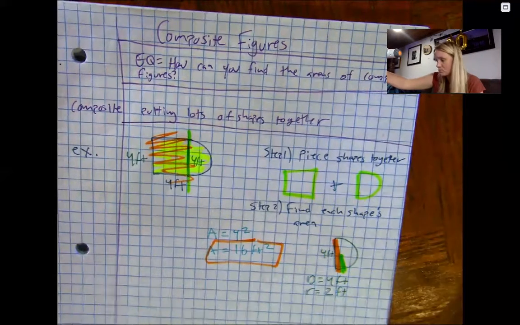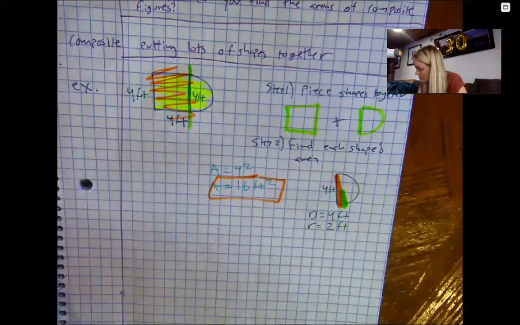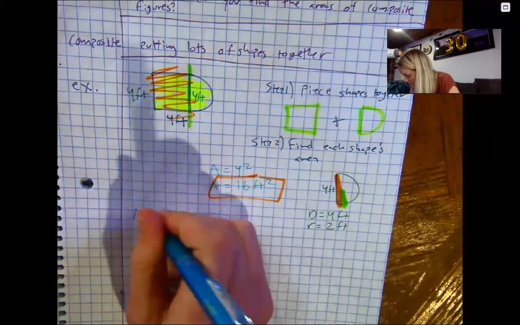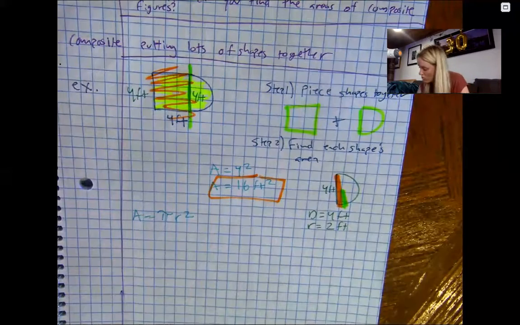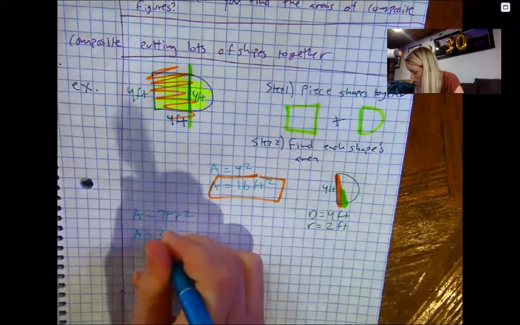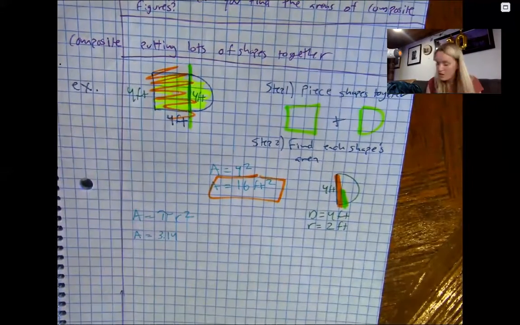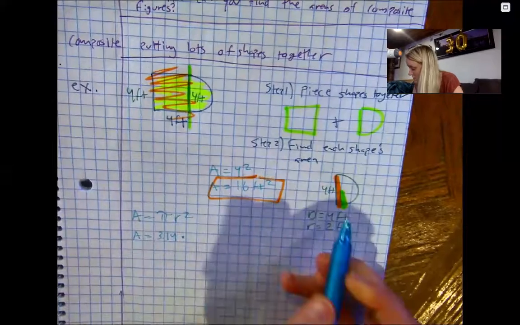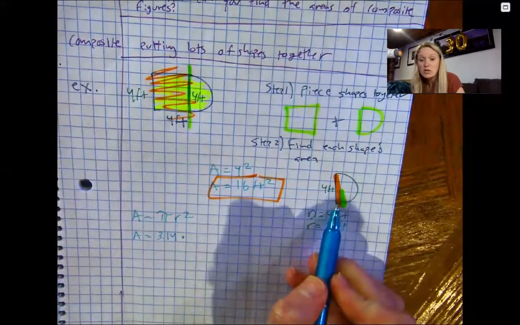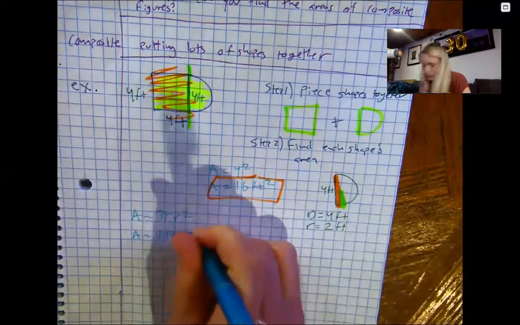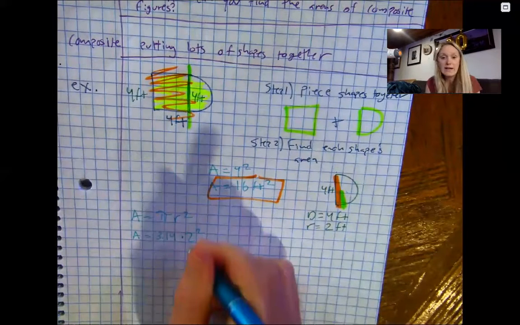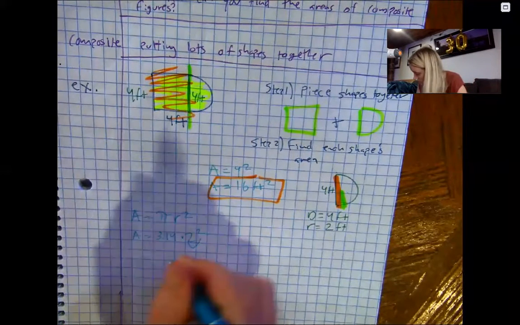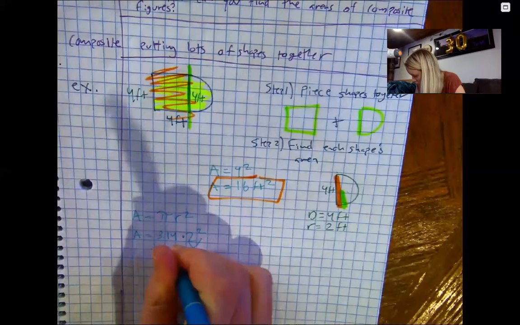Okay. The area of a circle is pi times the radius squared. So using what we know, we want to use 3.14 for pi. We multiply it by the radius. The whole thing was 4, so half of it is 2 squared. Okay, I need to follow order of operations and do the exponents first. 2 times 2 is 4. 3.14 times 4.